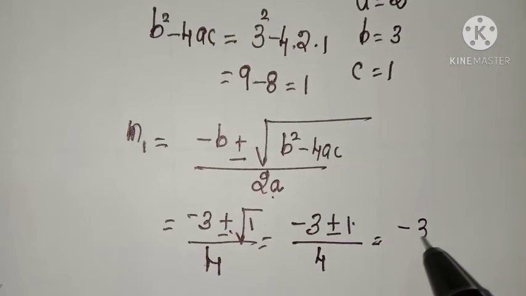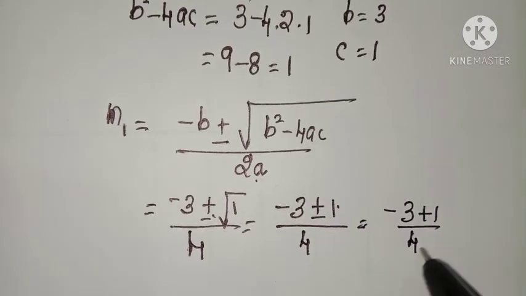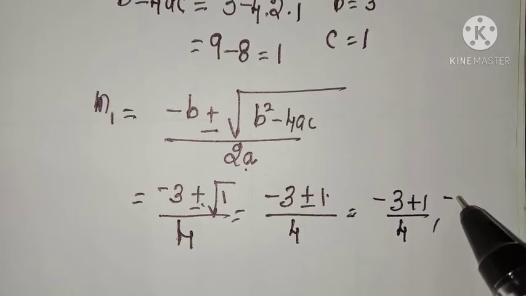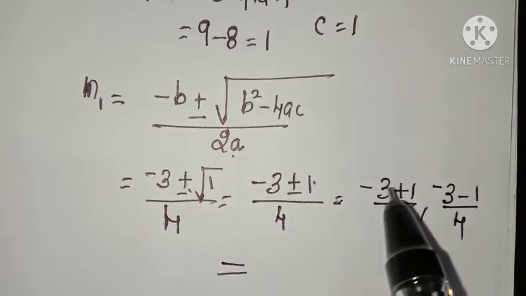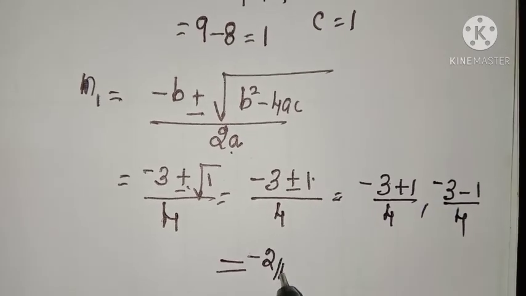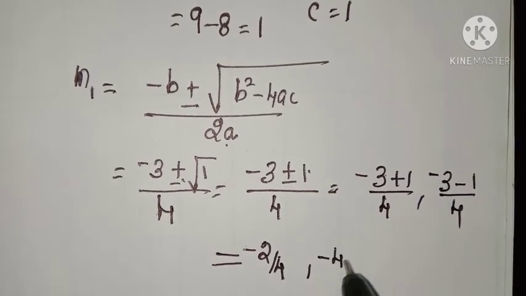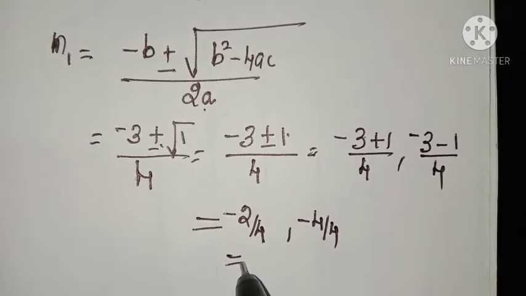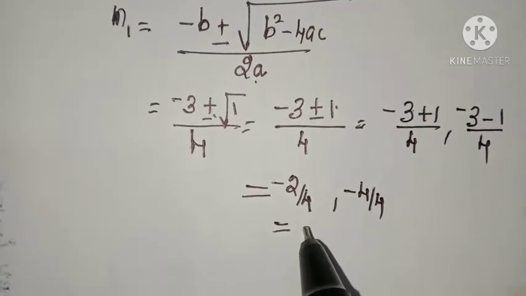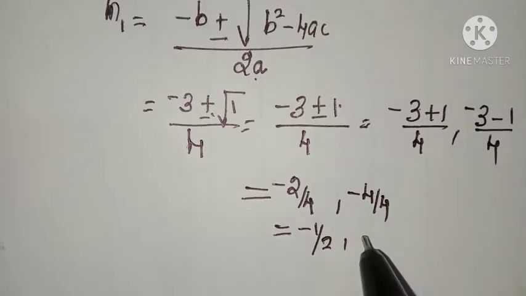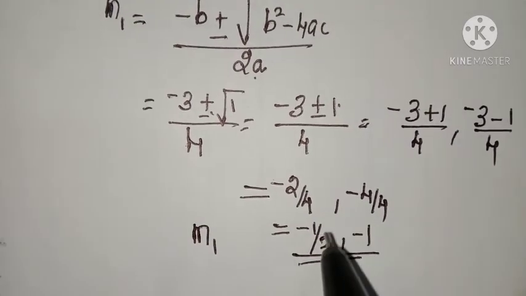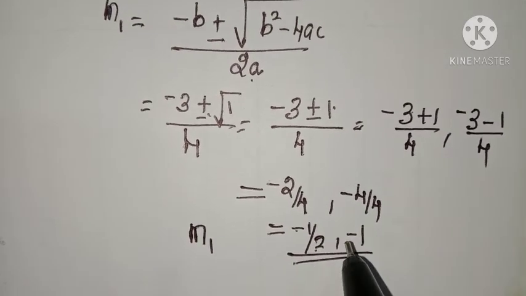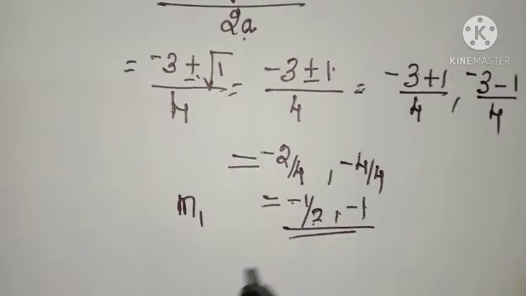It is minus 3 plus 1 by 4. Another value is minus 3 minus 1 by 4. This is equal to minus 2 by 4, minus 4 by 4. On simplification, we can see that it is negative 1 by 2, negative 1. So slope m1 is equal to negative 1 by 2 or negative 1.